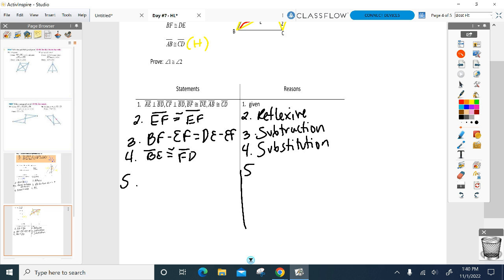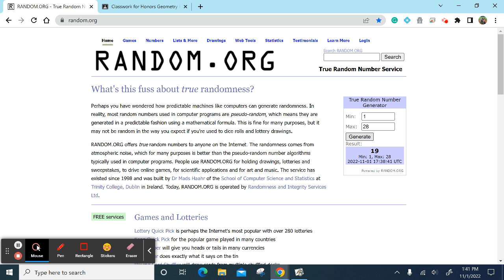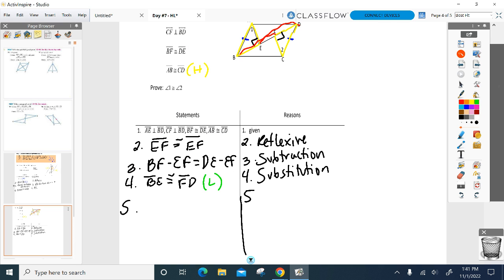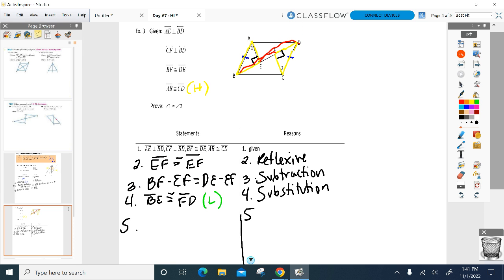And there is the leg. All good? Not more, though. I know you had the H and the L, but we're not ready to say they're congruent by HL. I still need at least 2 more steps. Okay, they're right triangles because they have what?